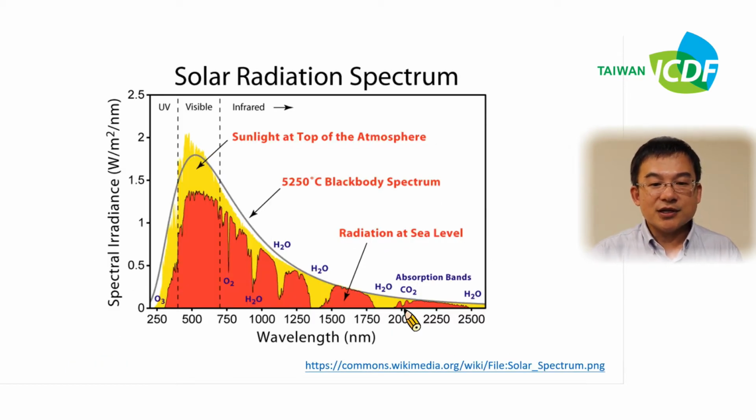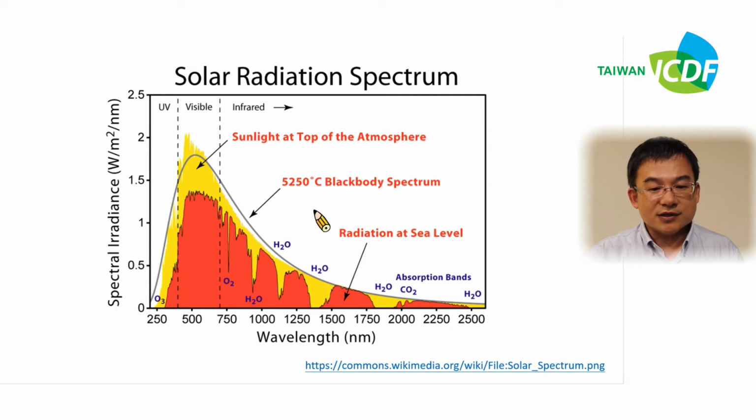So this solar radiation spectrum shows the whole energy of the sun. This area is the high energy, and this area is the visible region, and here is the infrared.